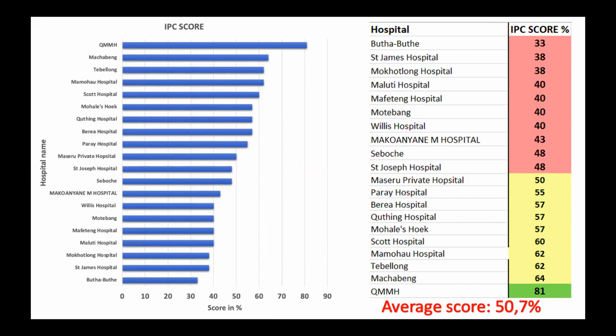So when we look at all the hospitals in the country, our average score is at 50%, which means we still have to do a lot of training. A lot of weaknesses were in areas of donning and doffing of PPE.